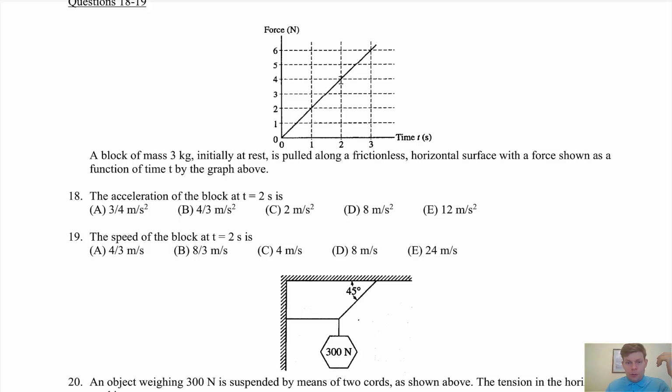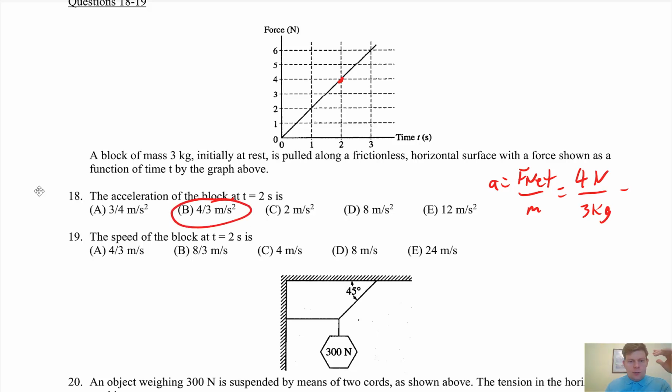We've got 4 newtons pushing on it. If 4 newtons are pushing on it and it's 3 kilograms, our F net is 4 newtons at that point. A equals F net over M, 4 newtons over 3 kilograms. So it's just 4 over 3.